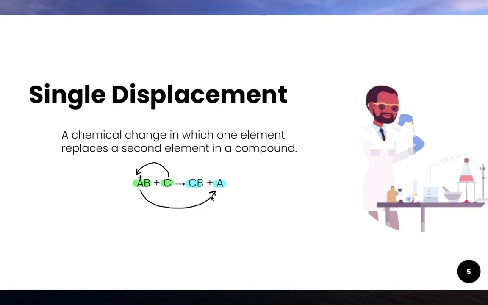In this case, it could also be written like this: AB plus C forms AC plus B. Now, in this situation, C actually replaced the anion, and it moved out by itself. Both of these situations represent a single displacement reaction.